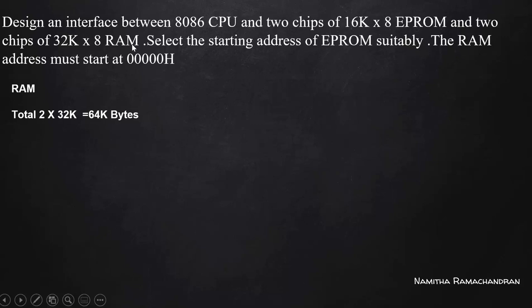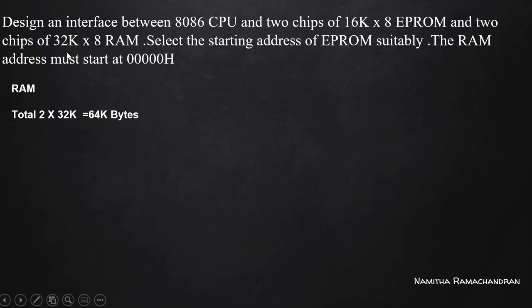A particular RAM chip can hold 32K words, and each word contains 8 bits. 8 bits means 1 byte. So from this it is clear that one RAM chip can hold 32K different bytes, because 32K means 32K different bytes and each byte holds 8 bits.